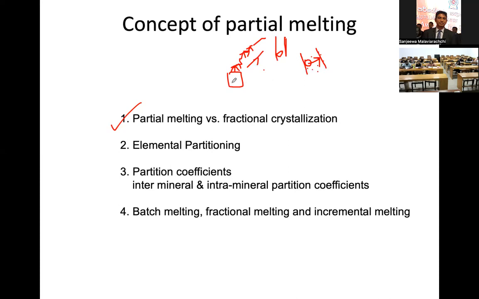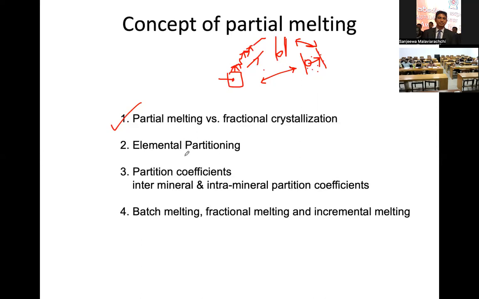So in the case of partial melting also, we know gradually small melts will be generated. At the time when the melt is formed, you will again have the same two types of phases. You have melt and solid in contact, so there is possibility for elemental partitioning.